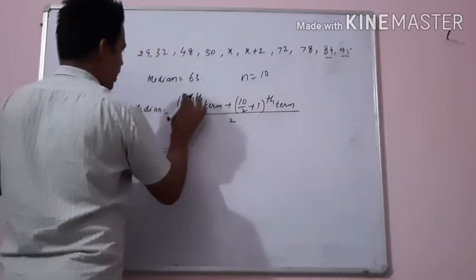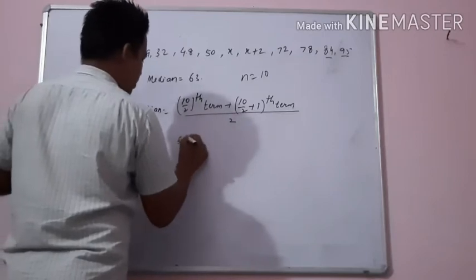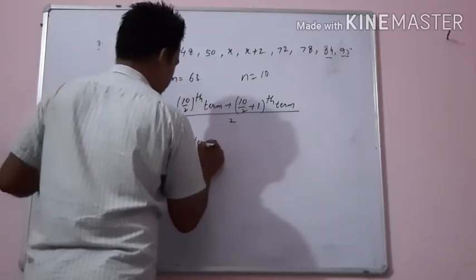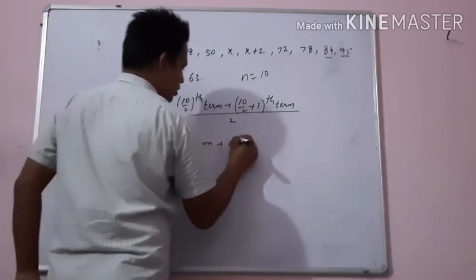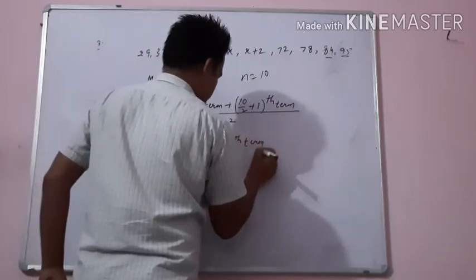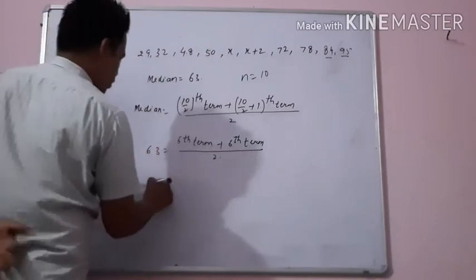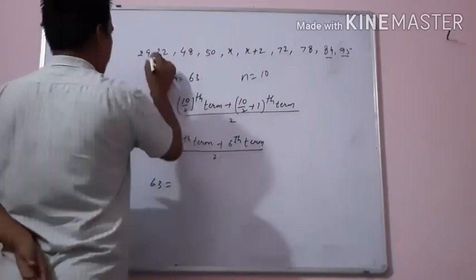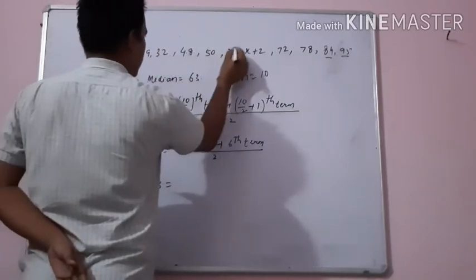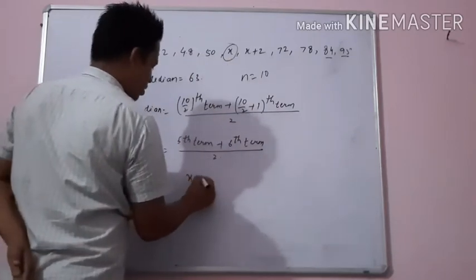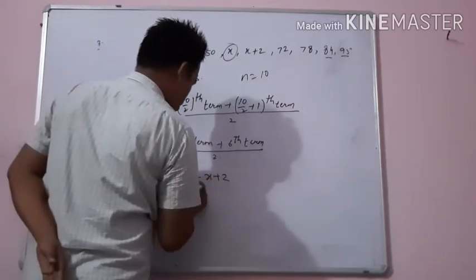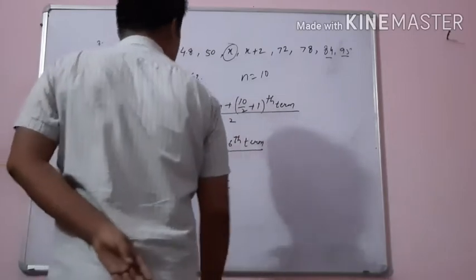63 equals 10 upon 2, meaning the 5th term, plus the 6th term, upon 2. 63 equals the 5th term x plus the 6th term x plus 2, upon 2.